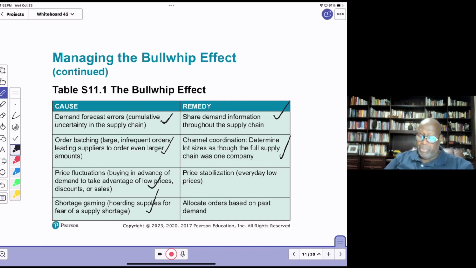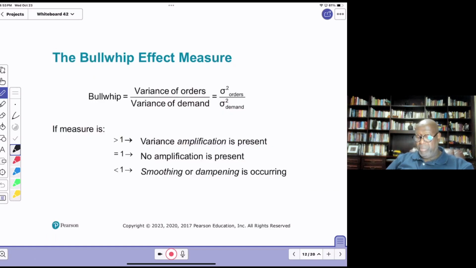Everyday low prices, which is what Walmart uses, definitely helps to stabilize the demand for its products. And then allocate orders based on past demand, not demand that is created by sales discounts and so on, but rather on actual demand.